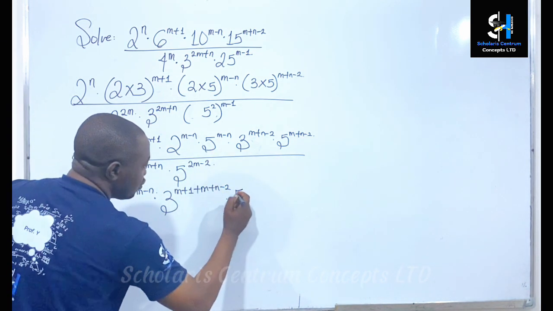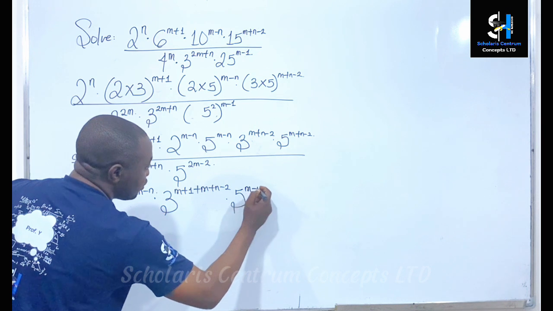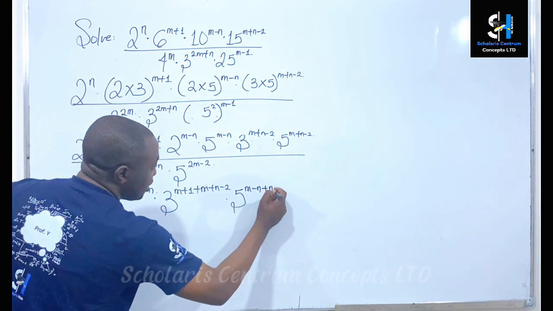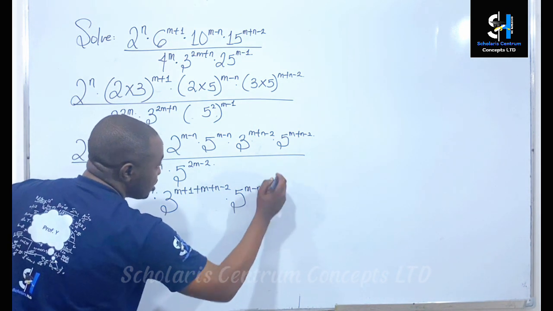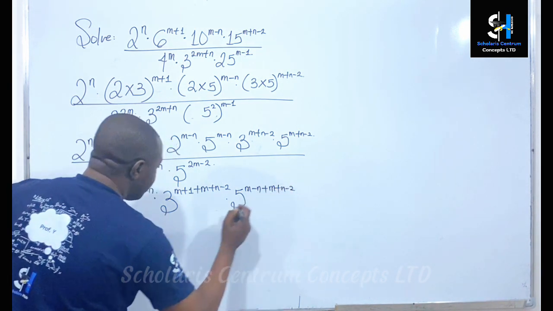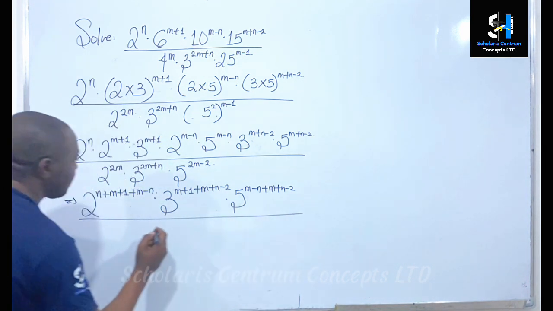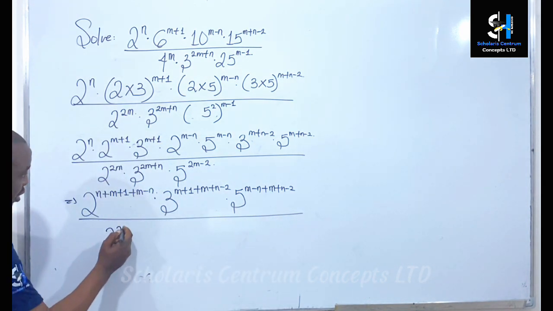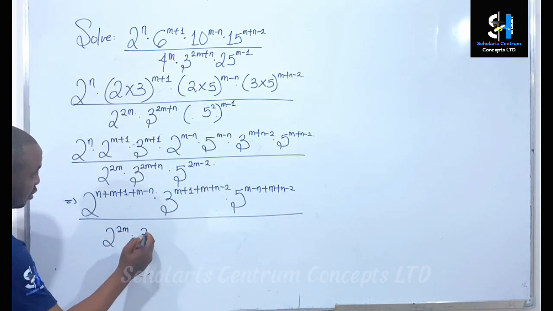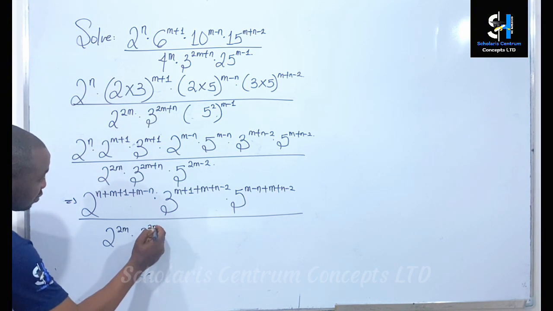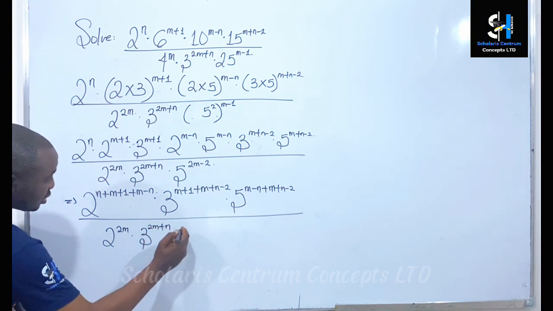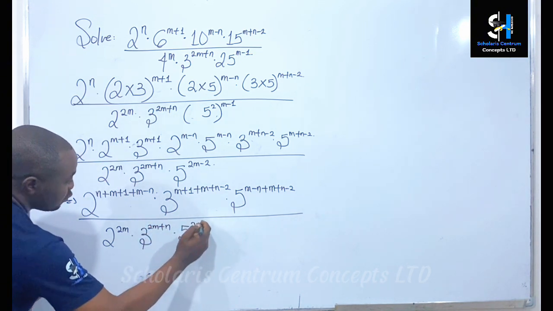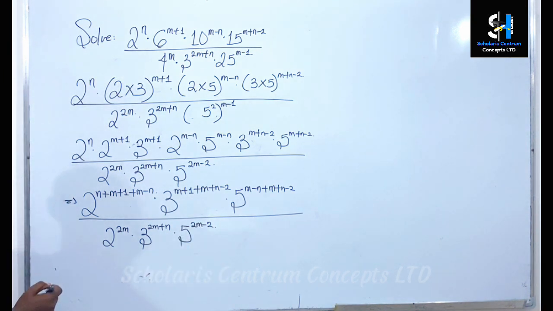Then we do that to 5 as well, 5 raised to the power of n-n, added to the power of this, n+n-2, all over 2^(2m), multiplied by 3^(2m+n) times 5^(2n-2).